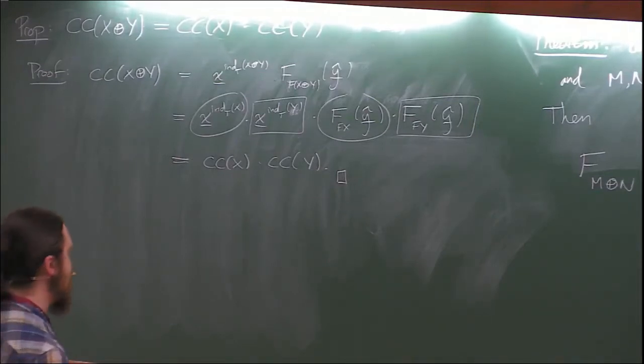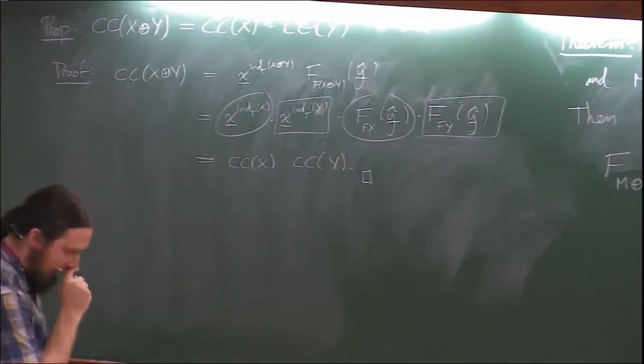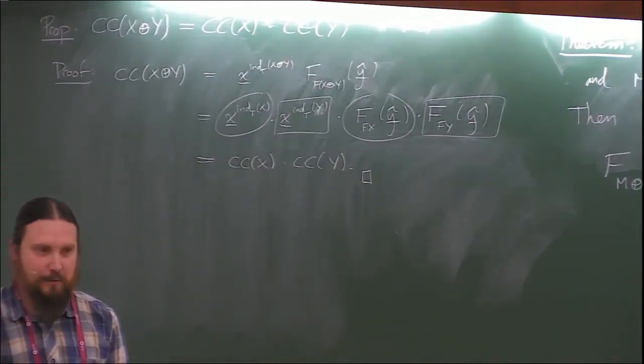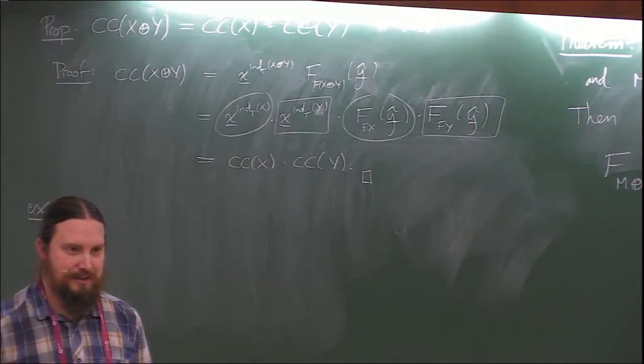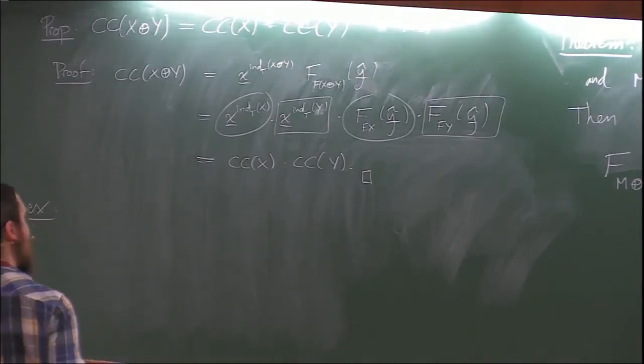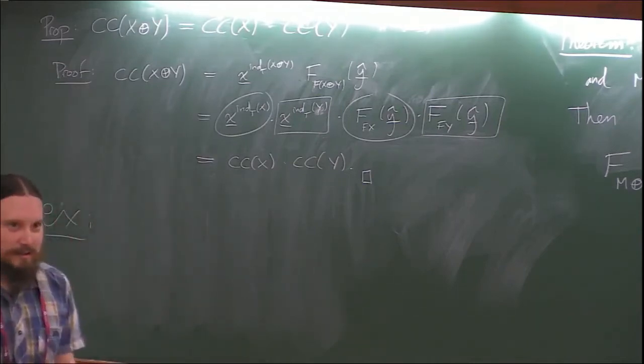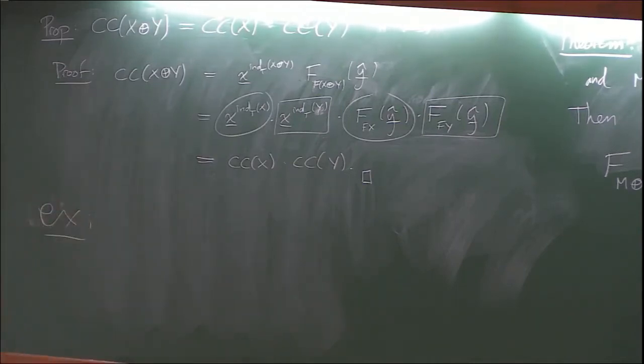Let's do some examples, maybe. I always start with the stupid example. So the stupid example would be: what is the cluster character applied to the zero object of the cluster category?